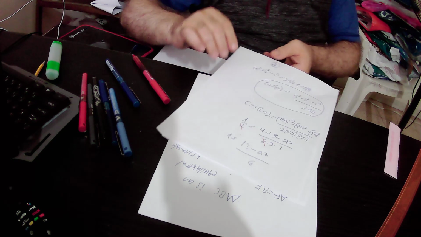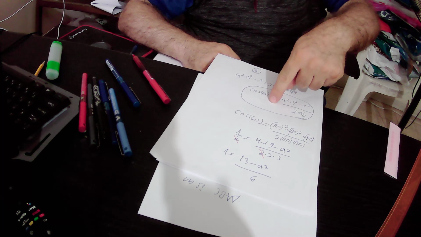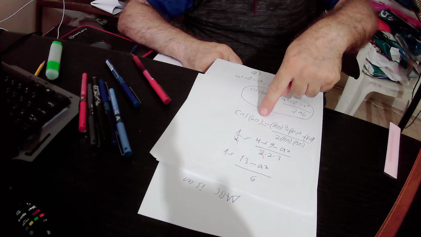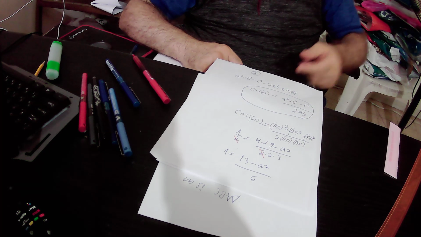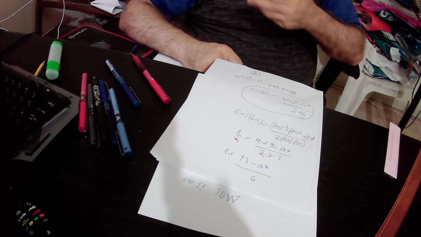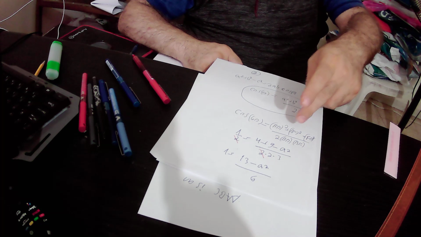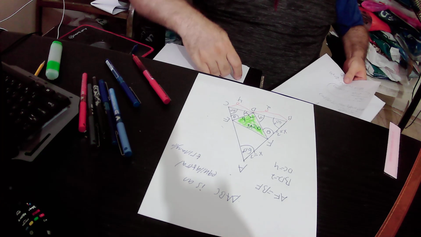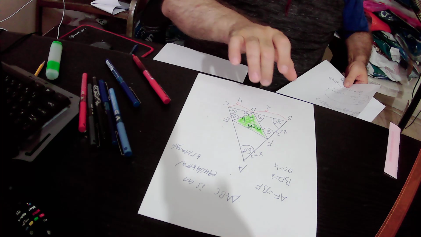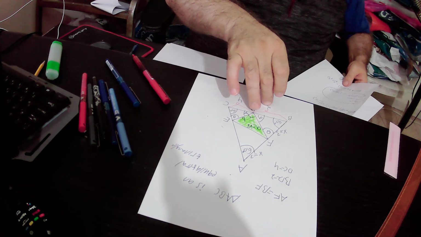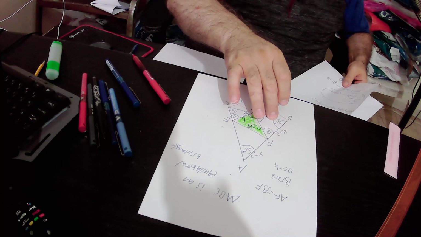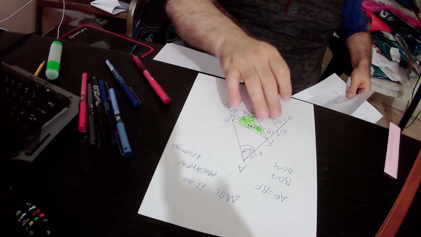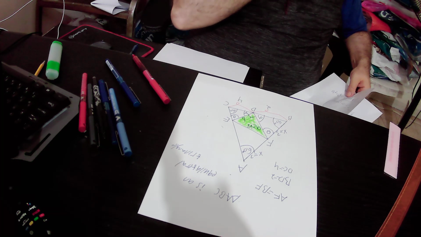Okay, according to this equality, this is the value of cosine 60 degrees. And we put the data inside this equality, and we know that BF equals 3 units, BD equals 2 units, and we calculated the value of cosine 60 is a half, 1 over 2.